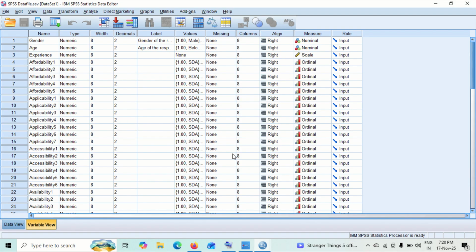And some research scholars or authors specify normality using skewness and kurtosis, and we can discuss in another video the values of skewness and kurtosis and also the standard error calculation by using different scales.